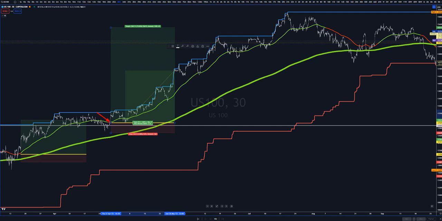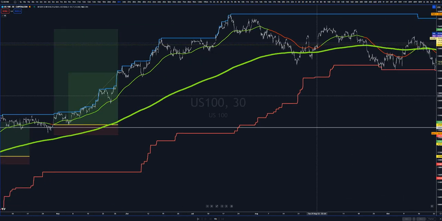We entered the market here at 12,045, and we took profit at 15,151. So just with one trade.